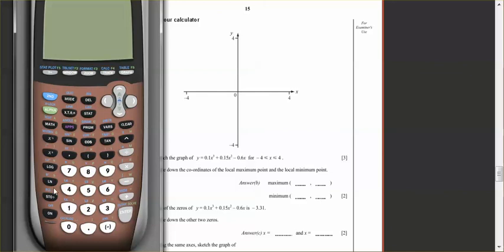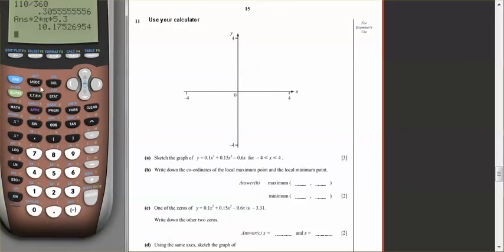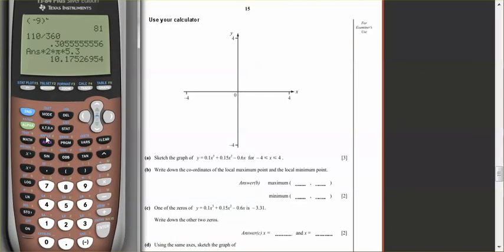So, on our calculator, I'm going to put y equals, and we put in 0.1 x cubed plus 0.15 x squared minus 0.6x.